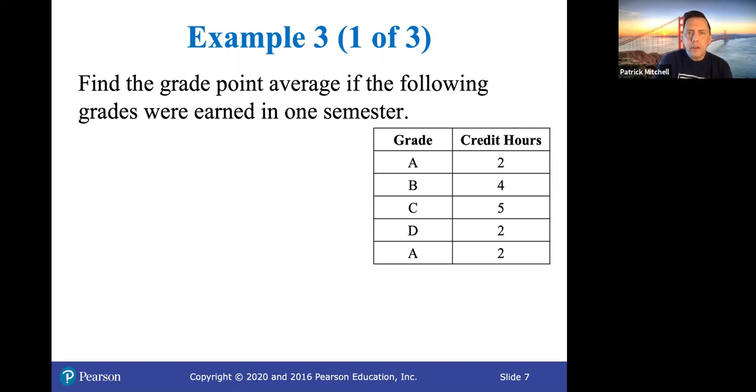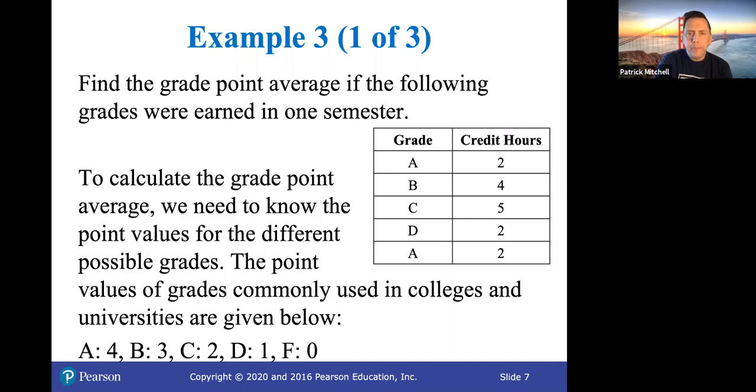So the way that we do a grade point average is like this. First of all, we need to know the point values for the different possible grades. So the most common system is that an A is worth 4, a B is worth 3, a C is worth 2, a D is worth 1, and an F is worth 0.